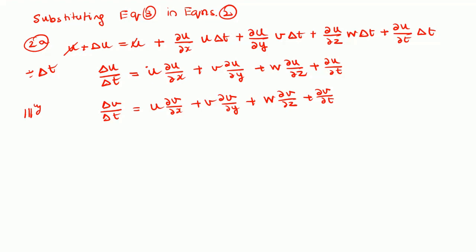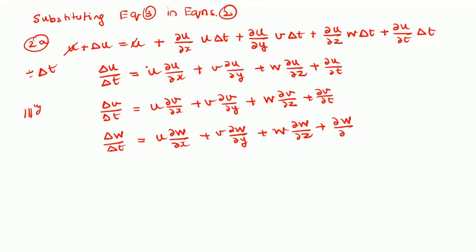Similarly, delta w by delta t I can write as u into dou w by dou x plus v into dou w by dou y plus w into dou w by dou z plus dou w by dou t.